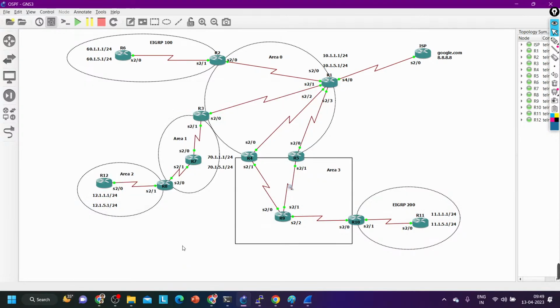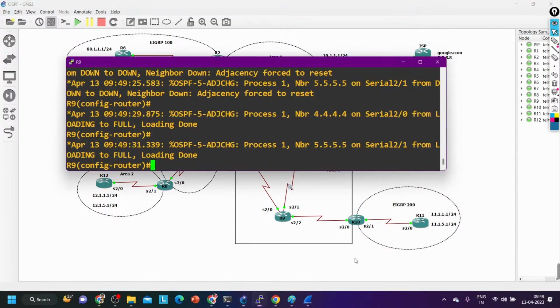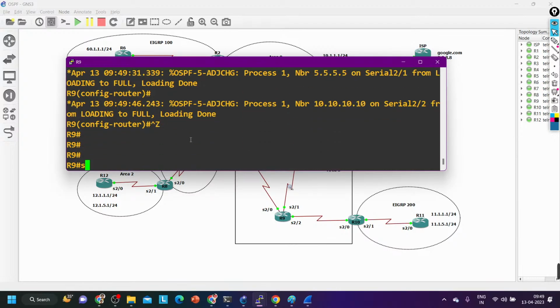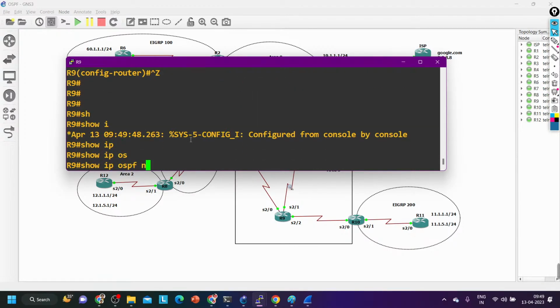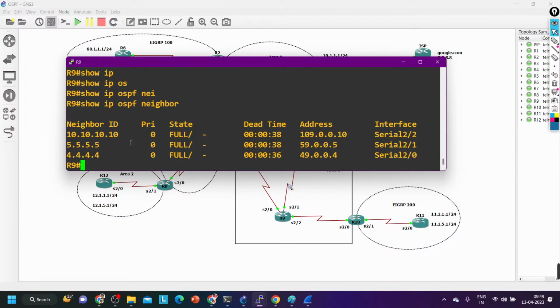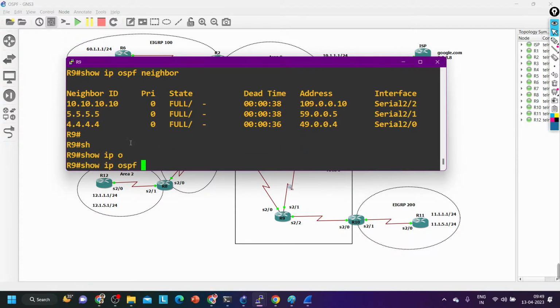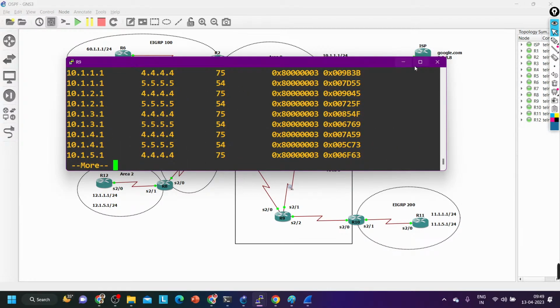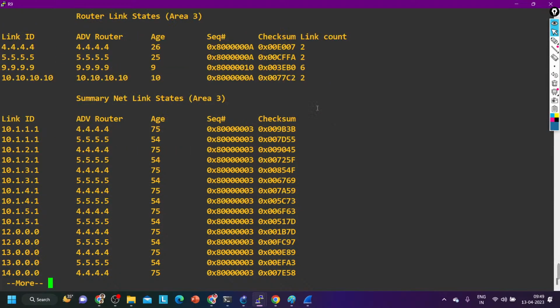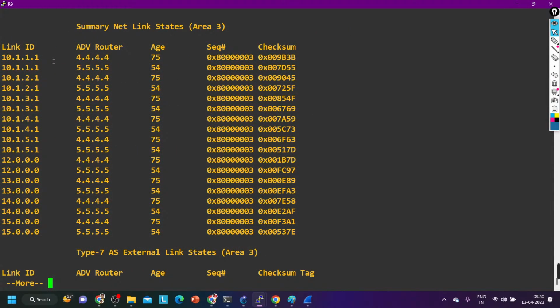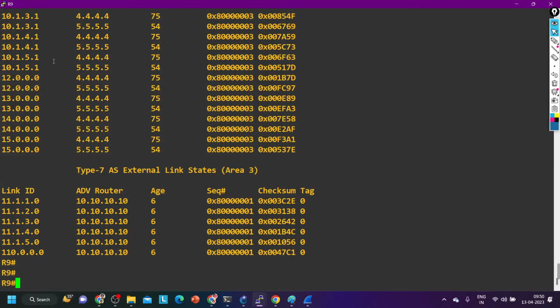Okay, now on router number 9, first of all check the OSPF neighborship. So show IP OSPF neighbor, so neighborship has come up now. Show IP OSPF database, now you can see the database. LSA 3 is there, but where is LSA 5? LSA 5 is filtered and LSA 4 is also filtered.